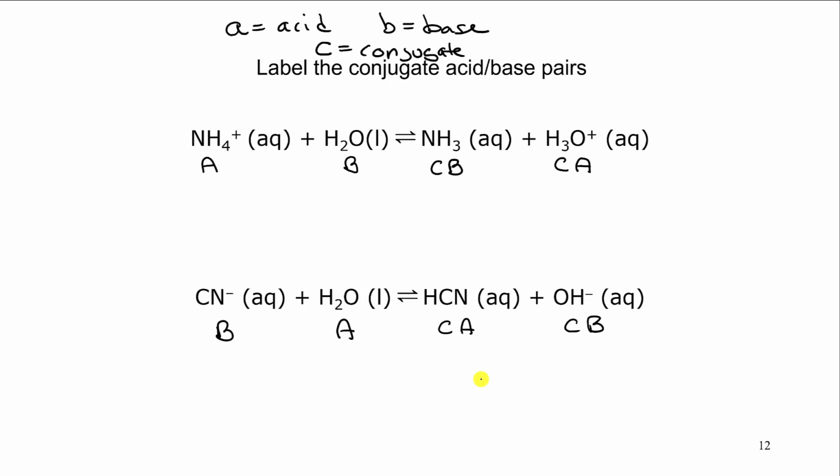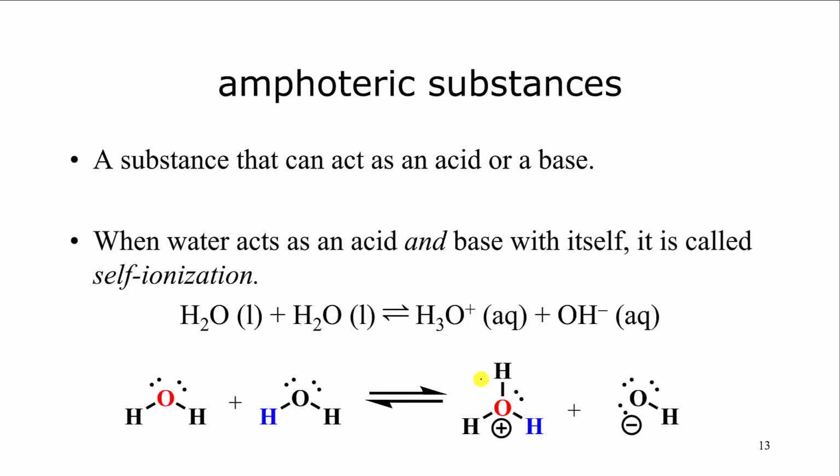I'll give you a quick idea how to identify them in a second. So it's not unusual to see that in the case of water. Now, if we look at these compounds in general, these are known as amphoteric substances. That is, they can act as an acid or a base.